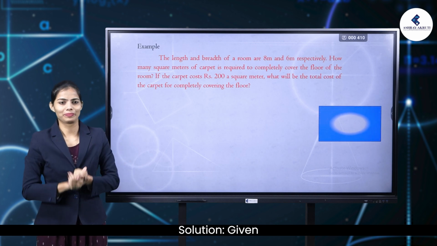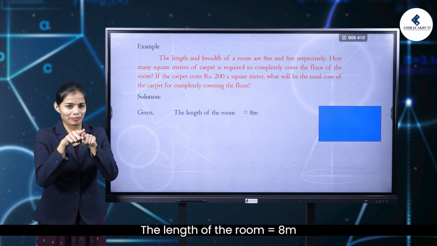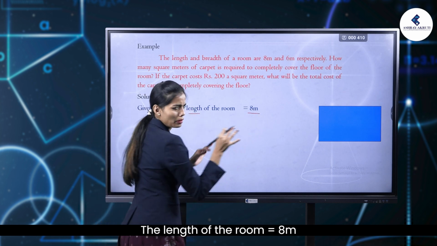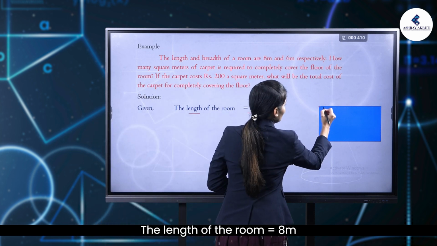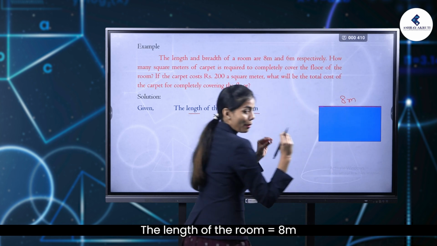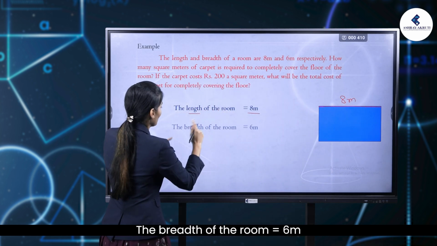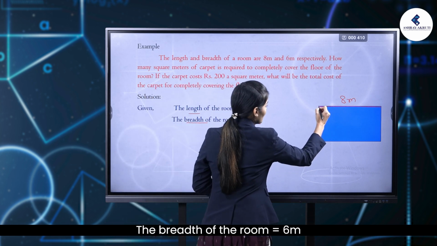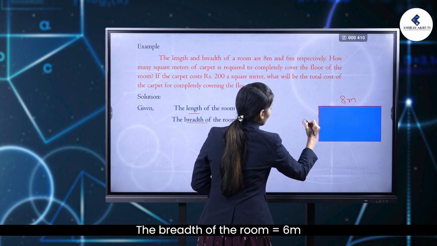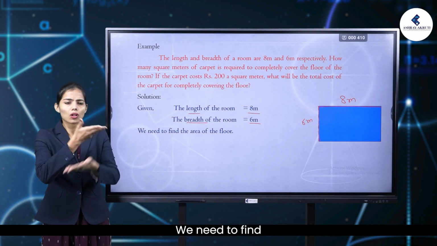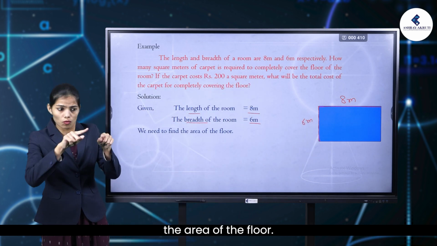Solution. Given the length of the room is equal to 8 meter. The breadth of the room is equal to 6 meter. We need to find the area of the floor.